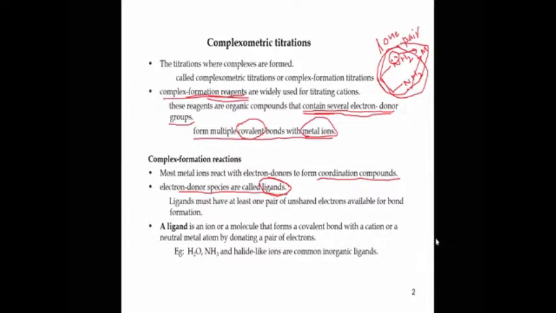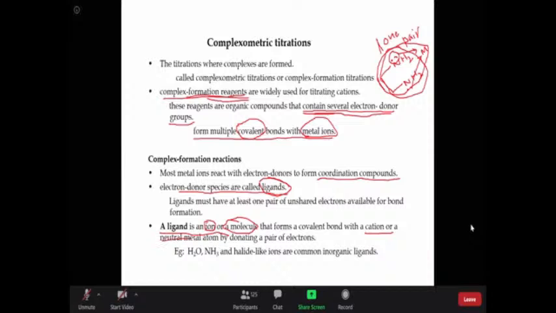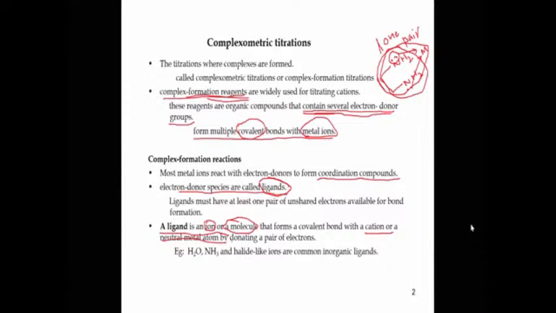That means if you want to write the definition for a ligand, you can say: a ligand can be an ion or a neutral molecule that forms a covalent bond with the cation or neutral metal ion. How is it formed? By donating a pair of electrons, right?